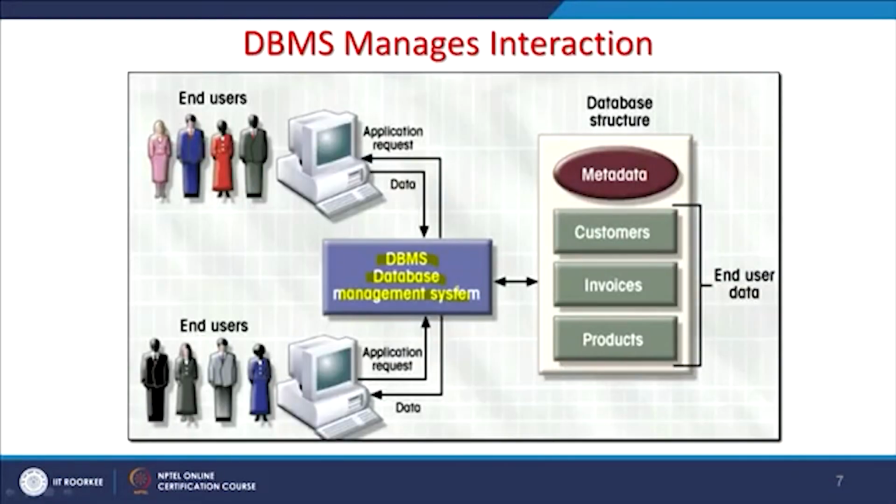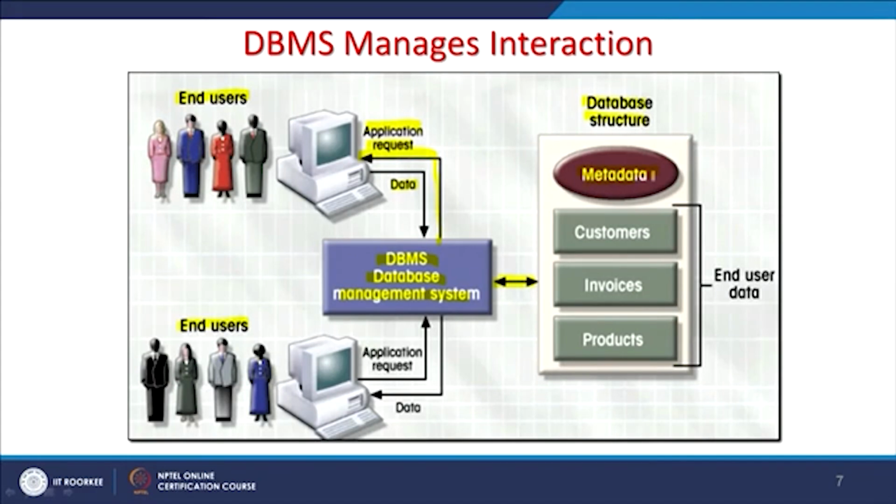Now, when we discuss a database management system, we find that there will always be end users, maybe at different ends, and they will have some way to interact with the database management system. So, there is an application request, and then there is a flow of data in two directions. The same way, this database management system will allow for the organization as per the chosen database structure.